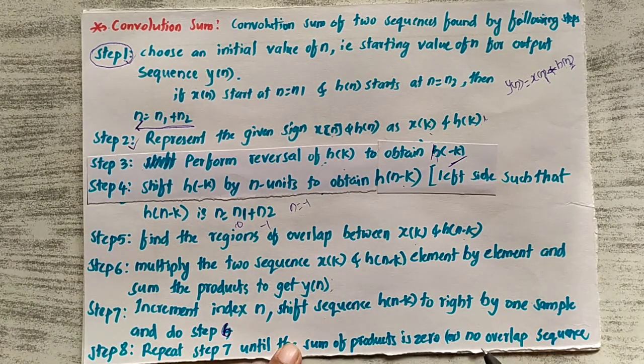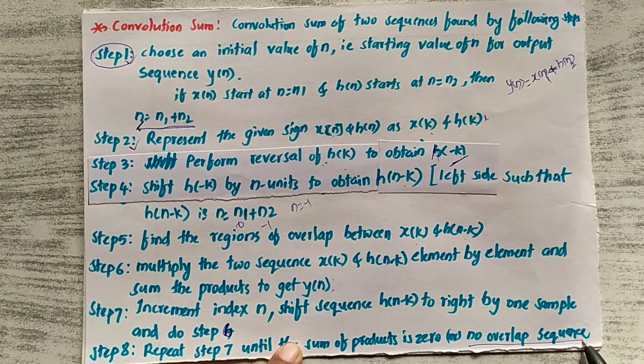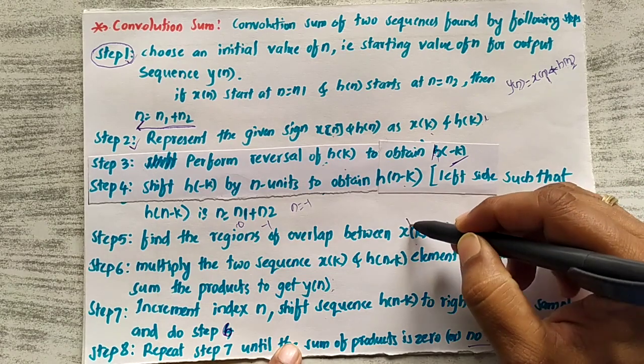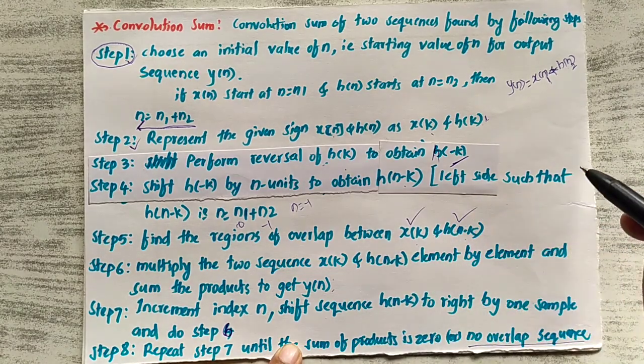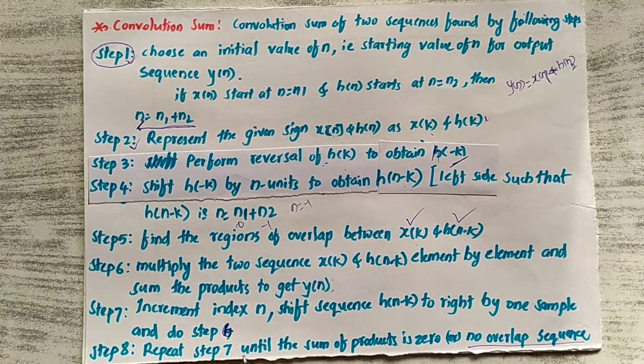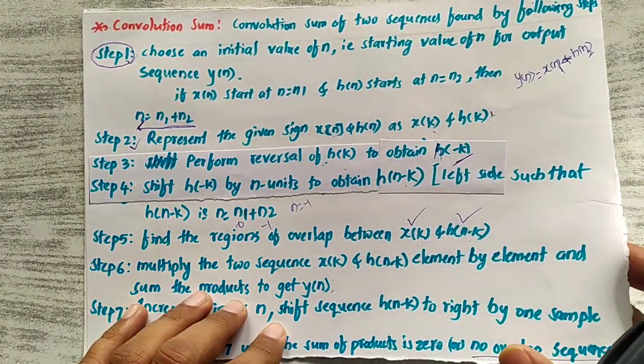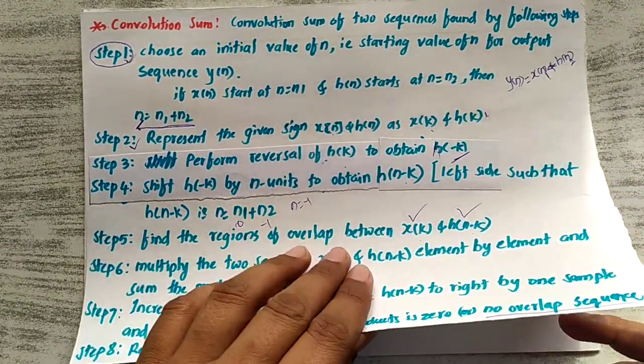In other words, it is like finding the non-overlapping sequences, where there is no overlap between x of k and h of n minus k. Up to that point we shift one position, multiply element by element, add them, and continue. So this is about the steps to find the convolution sum of two sequences.